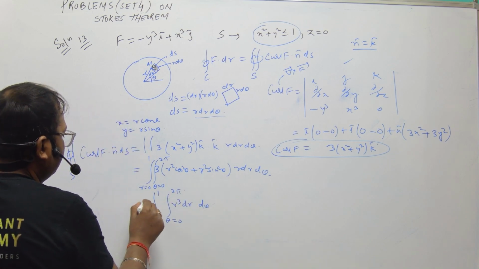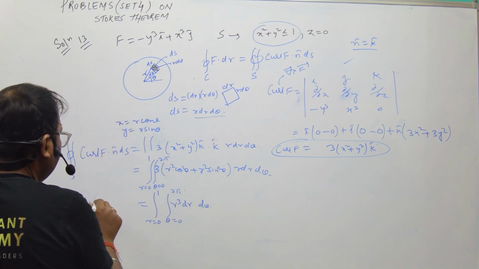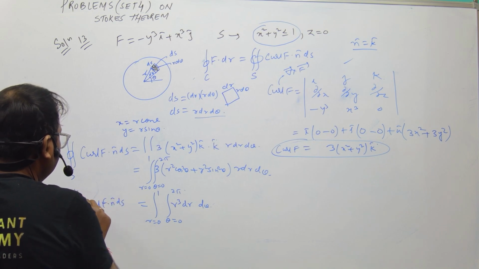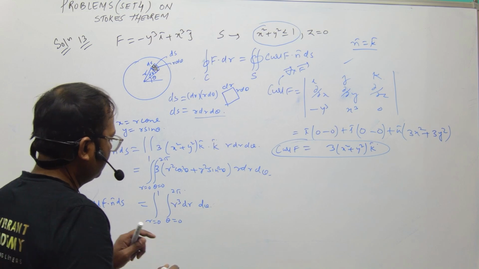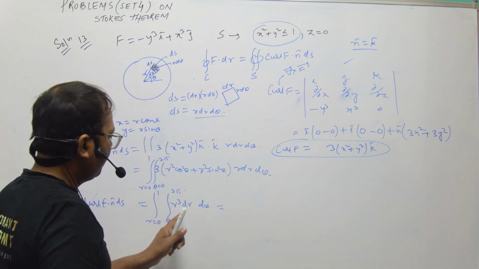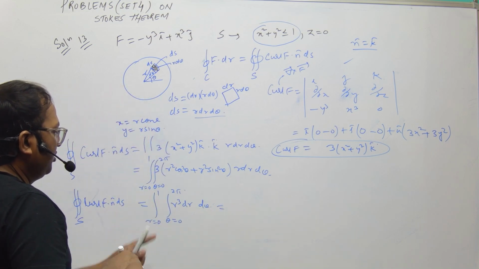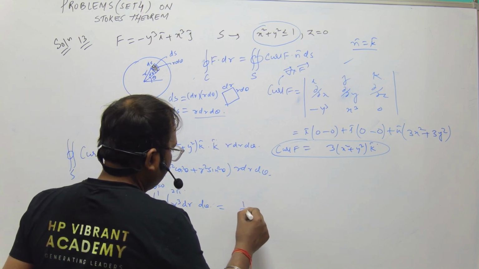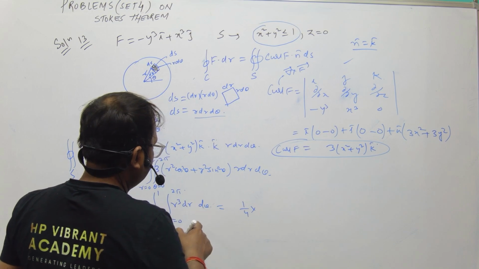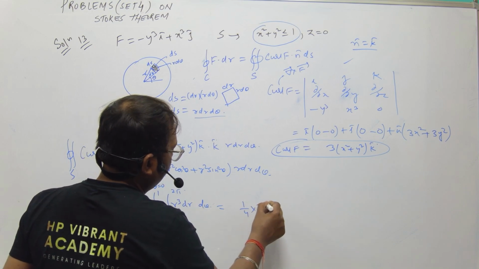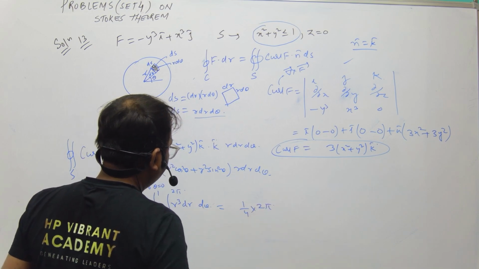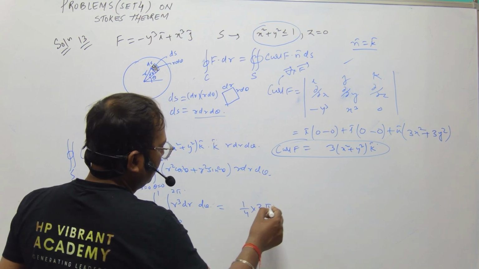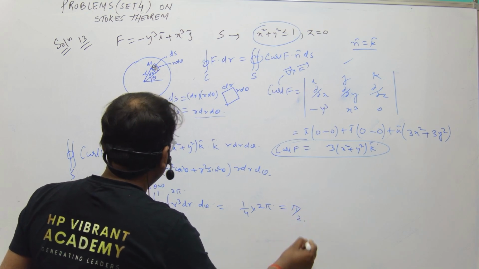So curl of f dot n cap into ds along the surface S will be r to the fourth upon 4 with limits from 0 to 1, so this is 1 upon 4 into the integral of d theta, which is 2 pi. This is equal to pi upon 2.